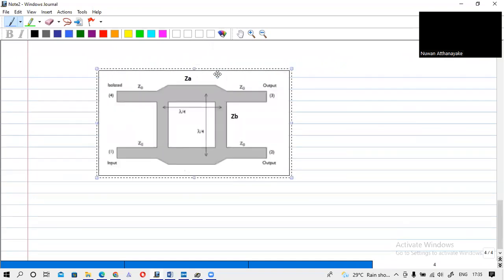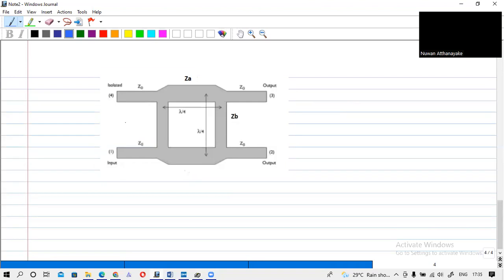So this is the branch line coupler, and here we have put it like this. This to this we get 16.2 millimeter for this length, and here I get 15.4 millimeter.